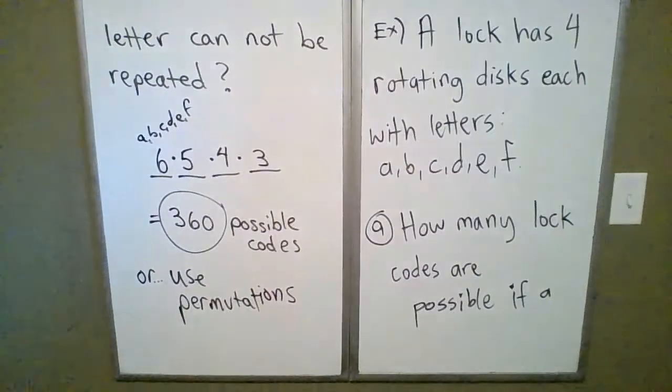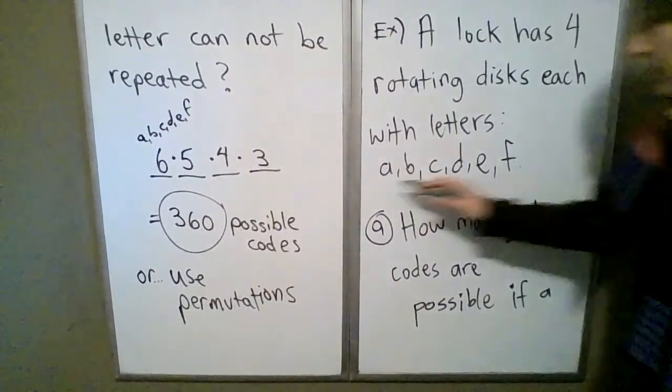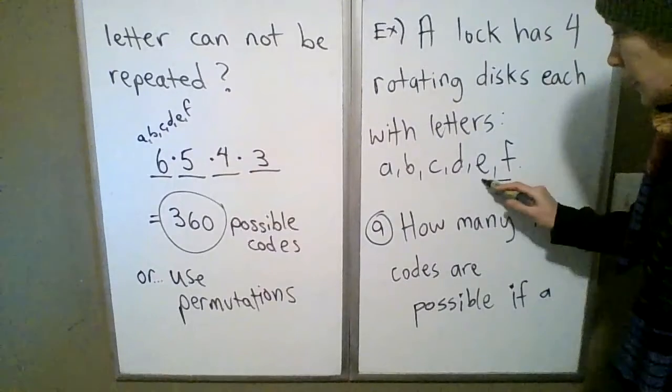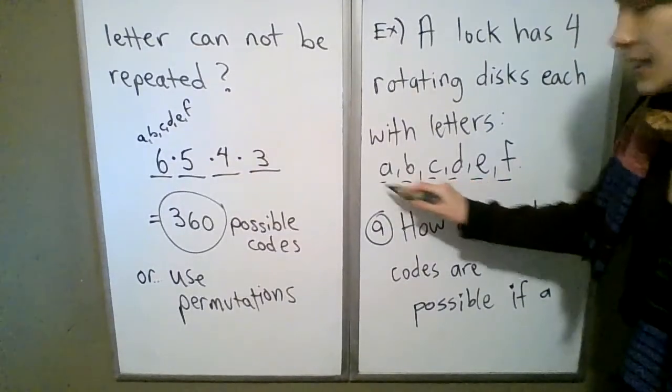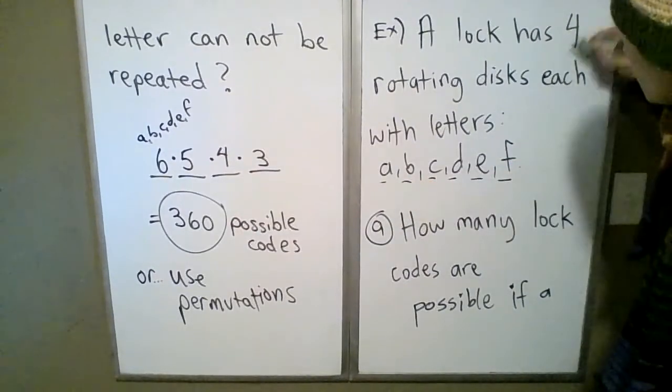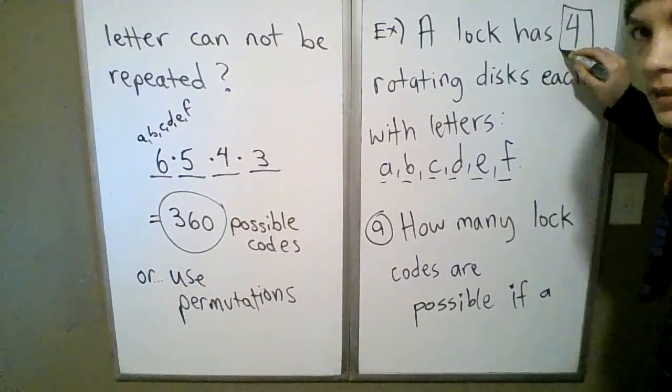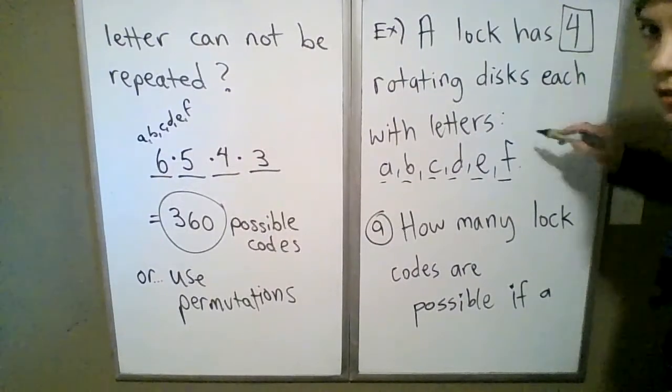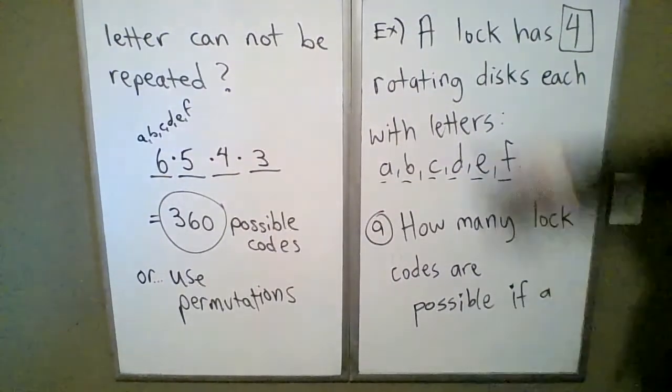It would be, out of all the possible letters, which is 1, 2, 3, 4, 5, 6 of them, we want to permute 4 to create the code, because the order matters.